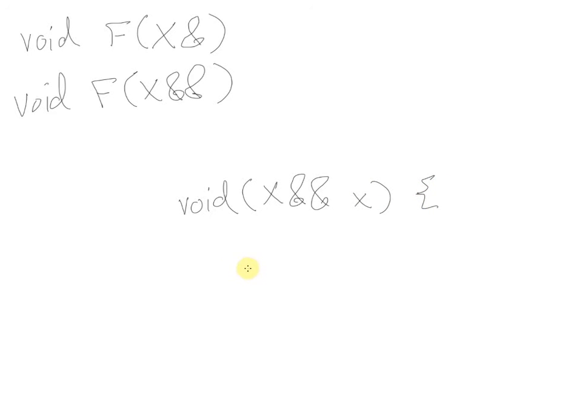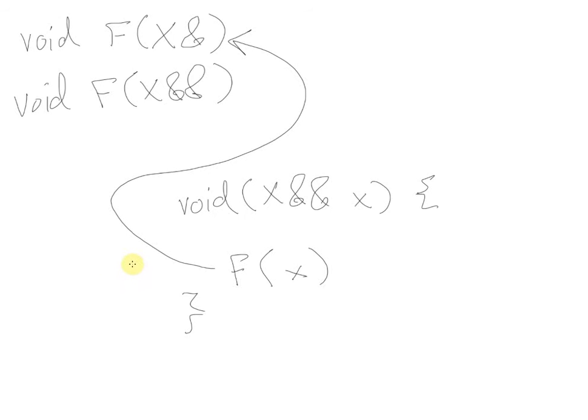If you call f from here, even if this X, this rvalue reference, is binding to a temporary, it's still going to call this function signature.